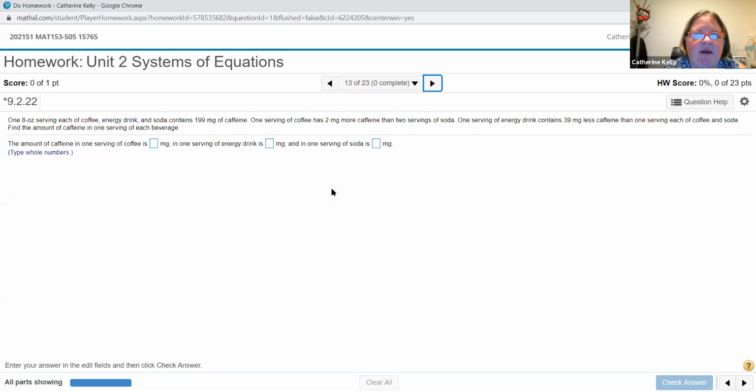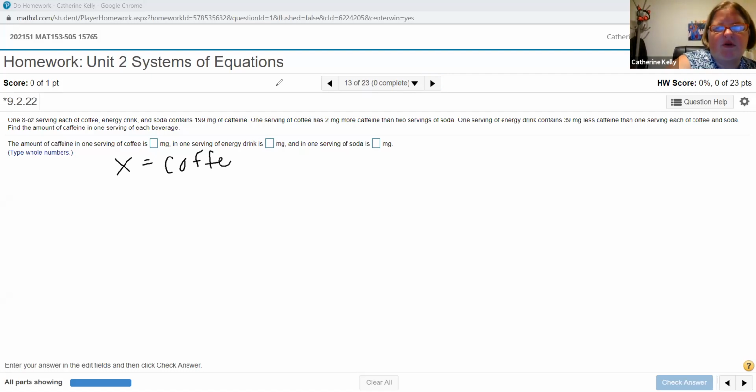Find the amount of caffeine in the 1 serving of each beverage. So you have 3 different things. So you're going to say X equals coffee. If I have X, Y, and Z, X equals coffee. Y equals energy drink.